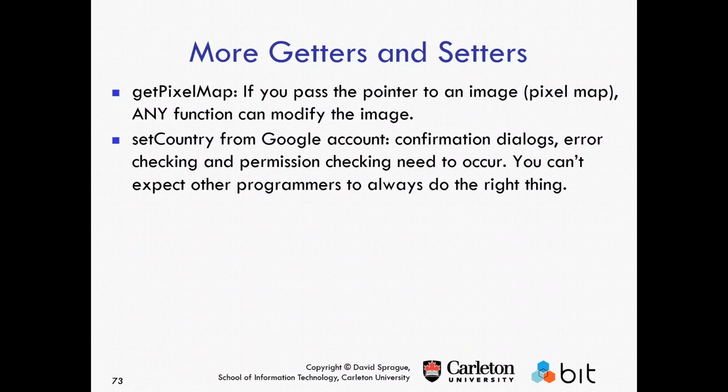A pixel map is all the various pixels, all the various lights, the colors that I have to make an image. If I have a method that just gives you back the actual data that you're storing, anyone can go in through there and just start stomping on that pixel data, and it'll actually change the image that you've stored. So you want to make a copy of your image and pass that off.